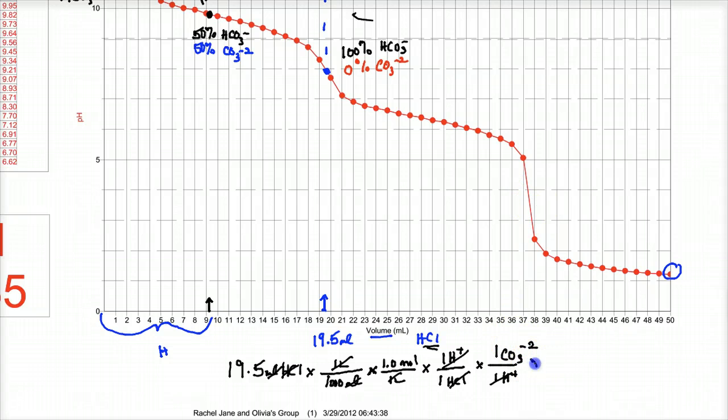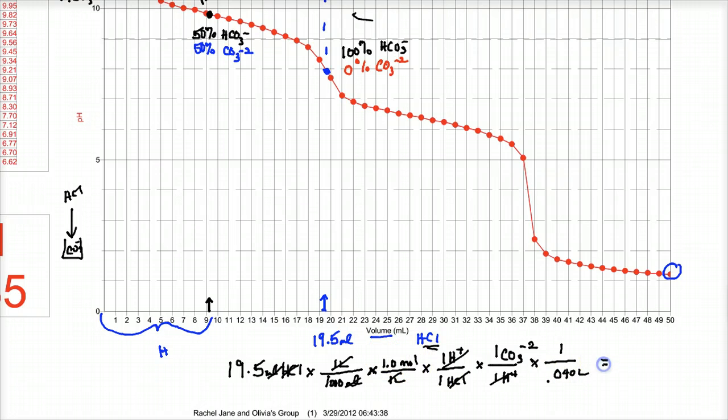I'm going to divide by the original volume that was in my beaker, because we're adding the HCl to the CO3 ion. The original volume was 40, so I divide by 0.040 liters, and what I get is moles over liters.